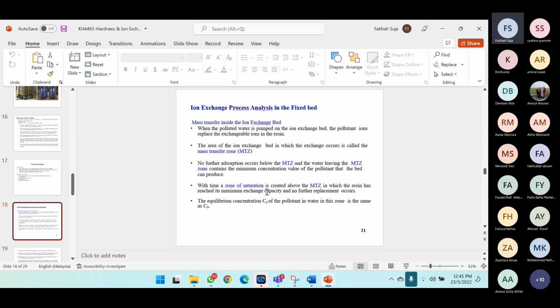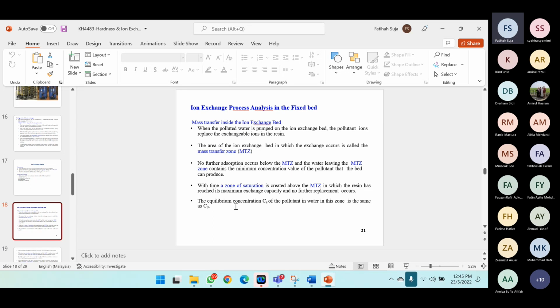With time, a zone of saturation is created above the mass transfer zone, in which the resin has reached its maximum exchange capacity and no further replacement occurs. So when you pass this point, you don't get any softening of your water.